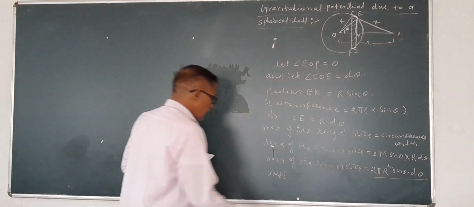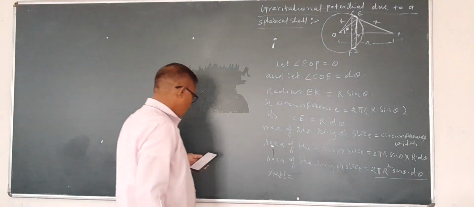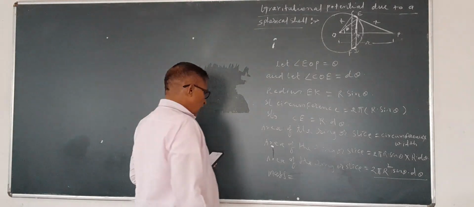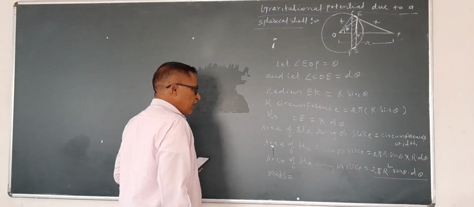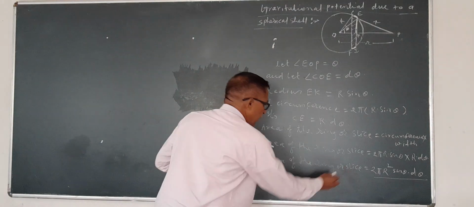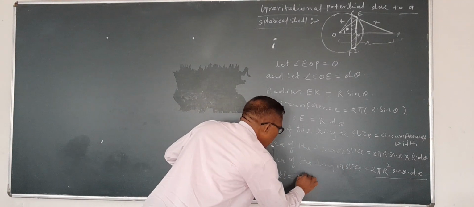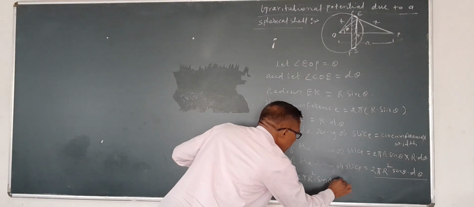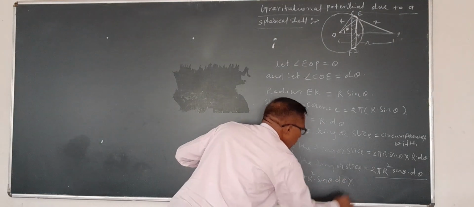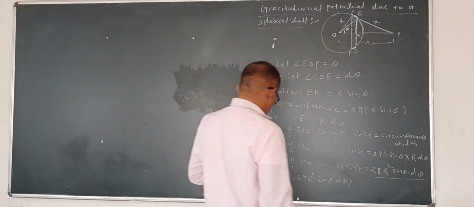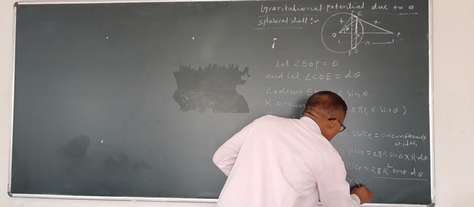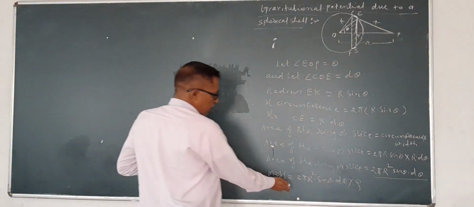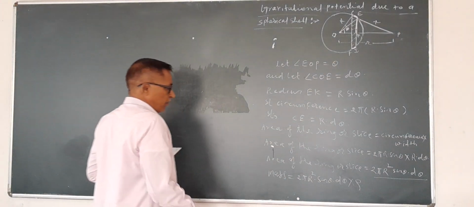The mass of the slice equals the area into density. This is the area, 2 pi r square sin theta d theta, into rho. This equation gives us the mass of this slice.